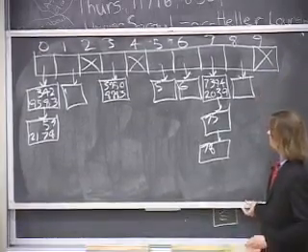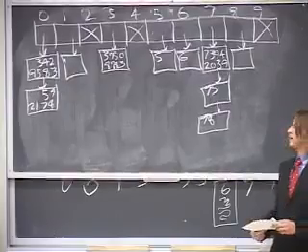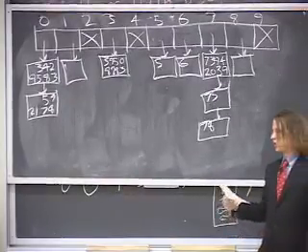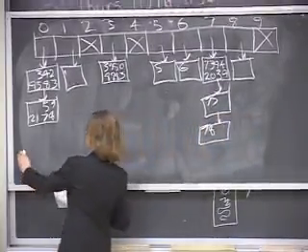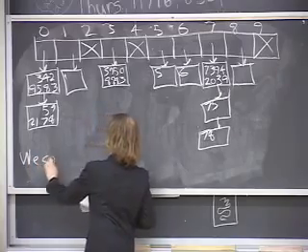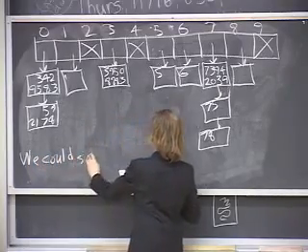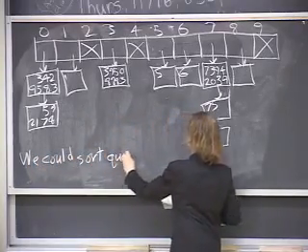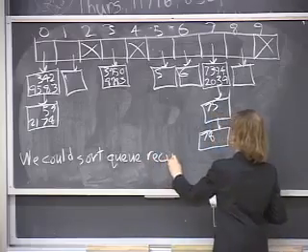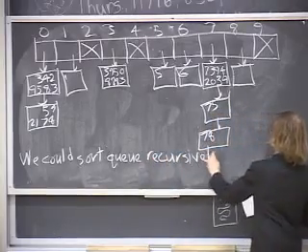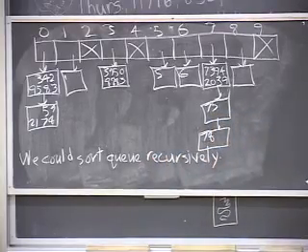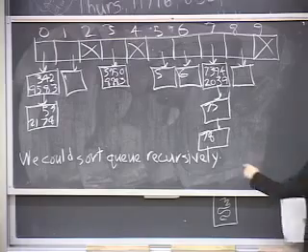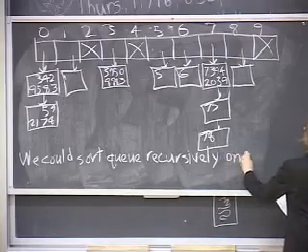Well, the obvious thing is recurse on each queue, and we could do that. And so sort them recursively on the second digit.